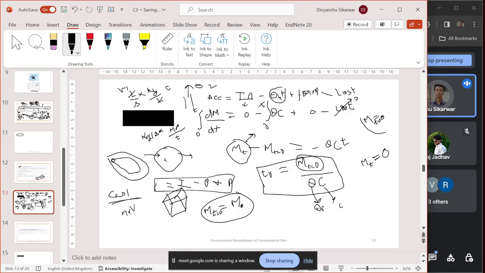So if I multiply the volume of this cube by the porosity, will I get the volume of pores?